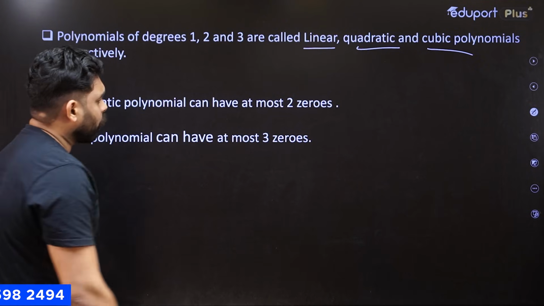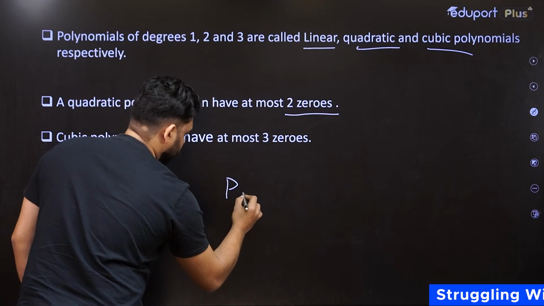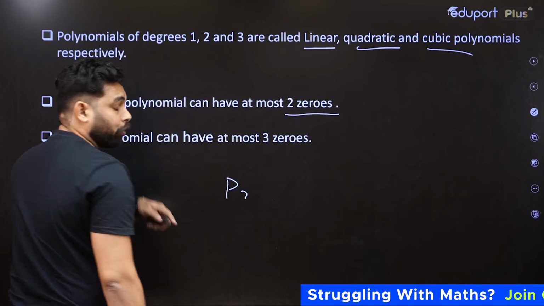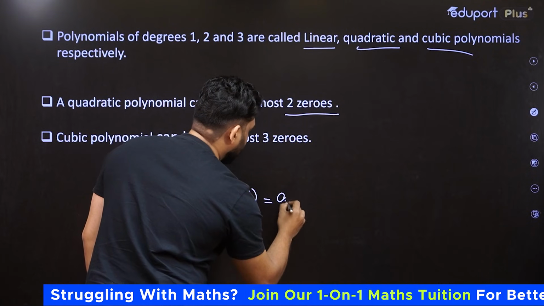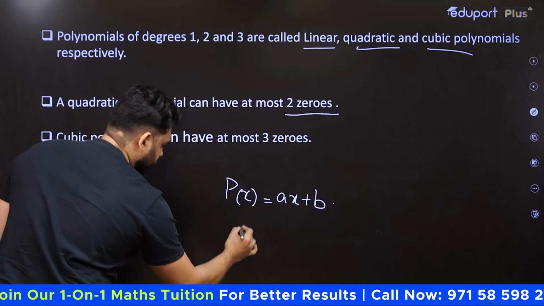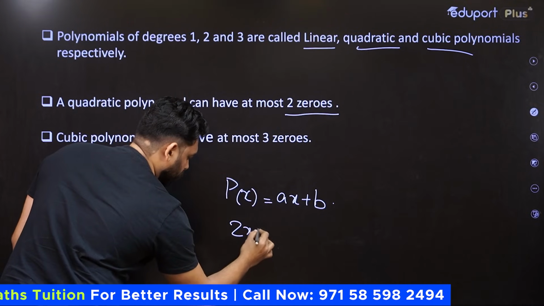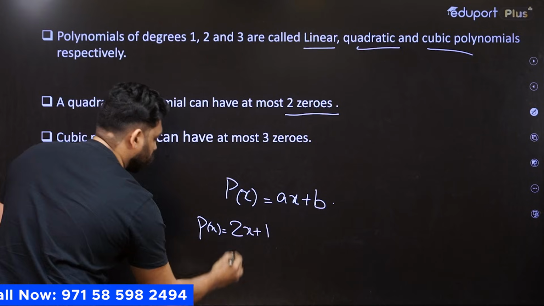Okay, now let us look at what are zeros. So, let us take a polynomial. The linear polynomial, p of x, general form will be ax plus b. Here let us take an example, p of x is equal to 2x plus 1.